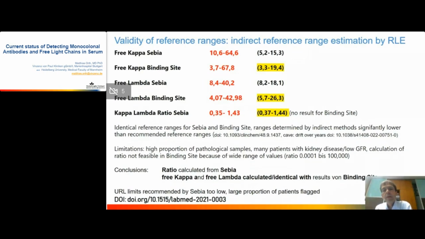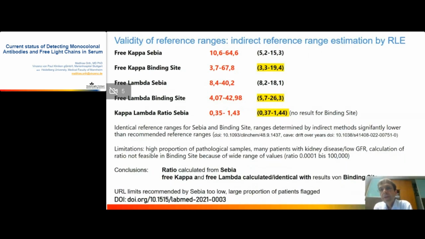For lambda, 8.4 to 40 or 4 to 42. And on the right-hand side, you can see the recommended reference ranges, which are much lower in both cases. The interesting thing is when we look at the kappa lambda ratio: from the insert, it says 0.37 to 1.44, and when we do the indirect method, it comes to 0.35 to 1.43, so this is essentially identical.